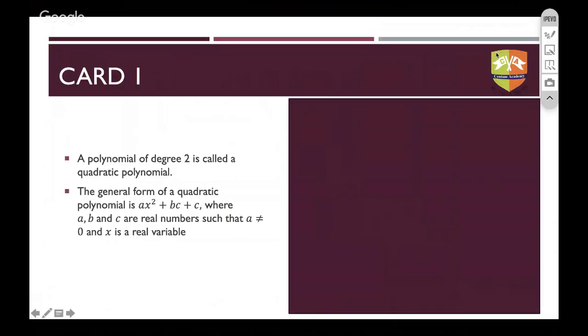So what is a quadratic polynomial? A quadratic polynomial is nothing but a polynomial of degree 2. Any polynomial with degree 2 is called a quadratic polynomial. The general form of a quadratic polynomial is ax square plus bx plus c, where a, b, c are real numbers, right?